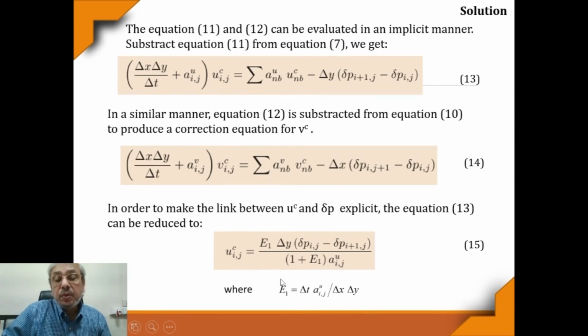So everything is known. This is E subscript 1.